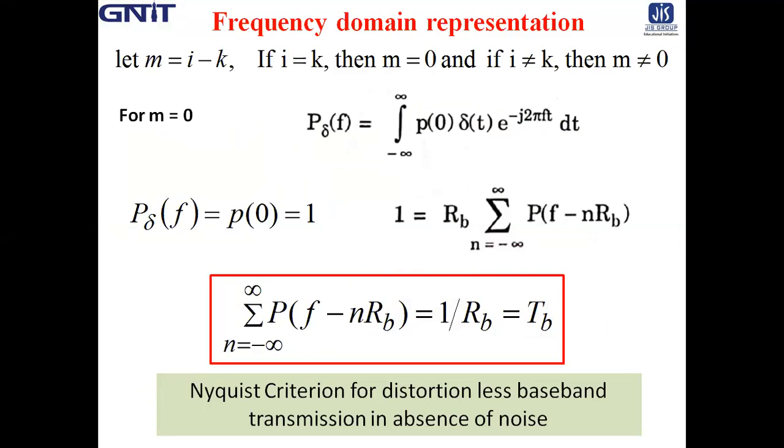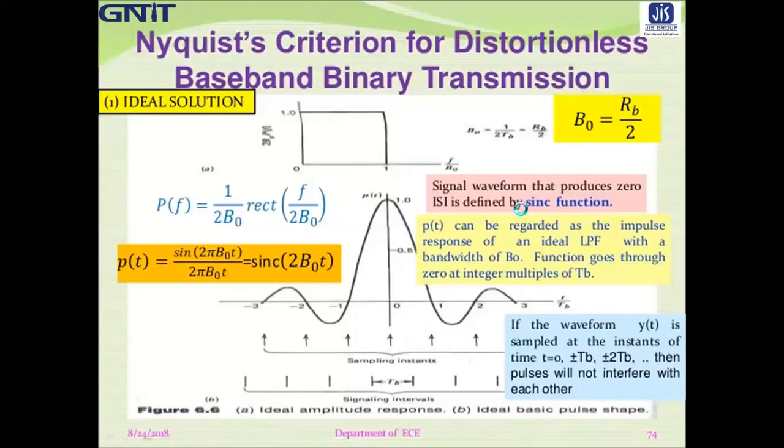Now for n equal to 0, the LHS corresponds to P(f) and it represents a frequency function with the narrowest band. The range of frequencies for P(f) will extend from minus B_0 to plus B_0, where B_0 corresponds to half the bit rate. That means B_0 is equal to R_b by 2.